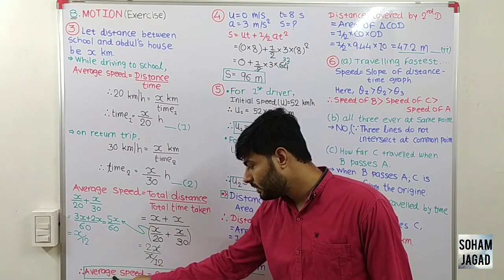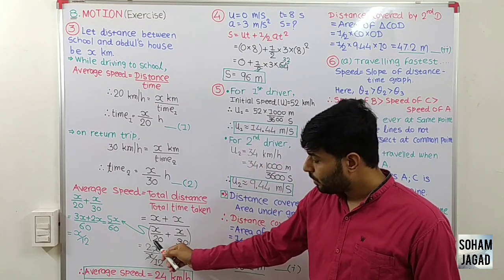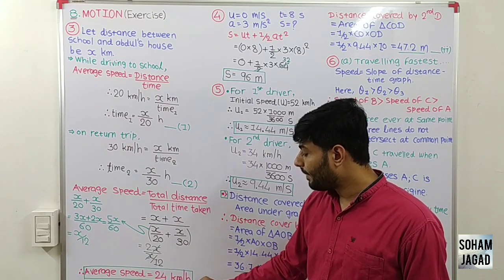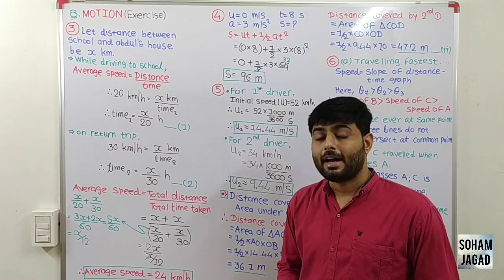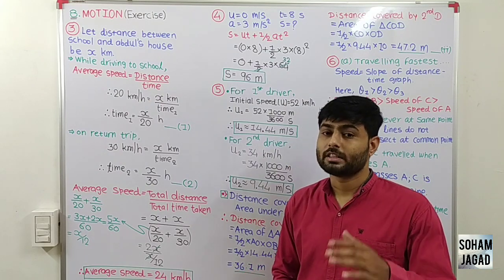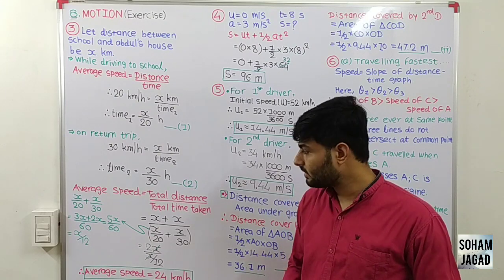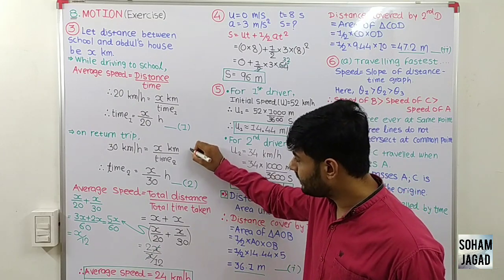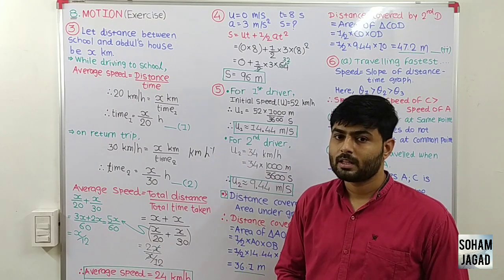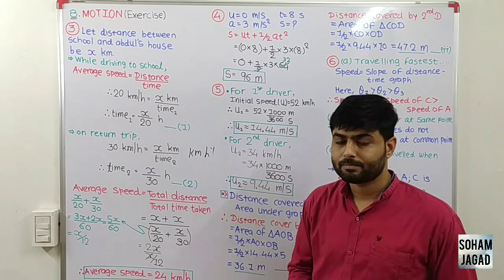So I get average speed is equal to 2 multiplied by 12, that is 24 kilometer per hour. And you can also write this kilometer per hour as kilometer hour inverse. These both are the same.